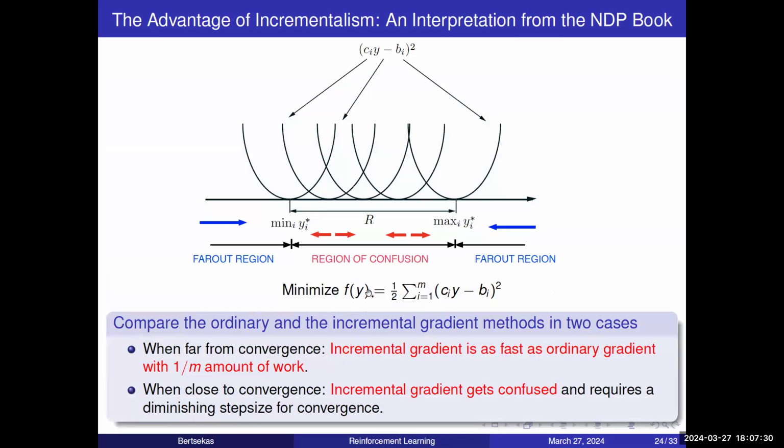So this problem is a sum of components, and we would like to minimize it. And f_i would be the function (c_i y minus b_i) squared. So each i corresponds to one component, and c_i and b_i are parameters, and we would like to find y that minimizes this entire function.